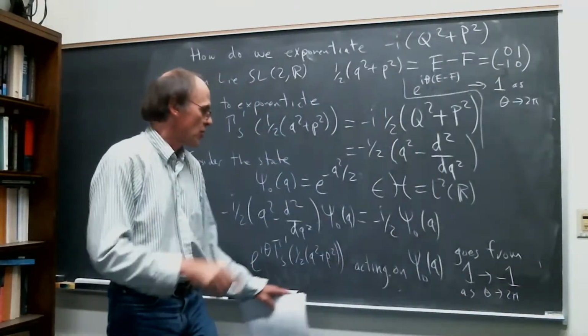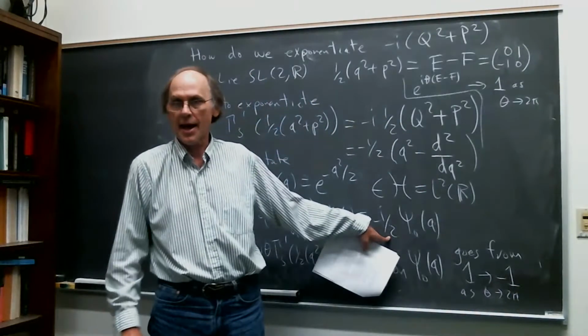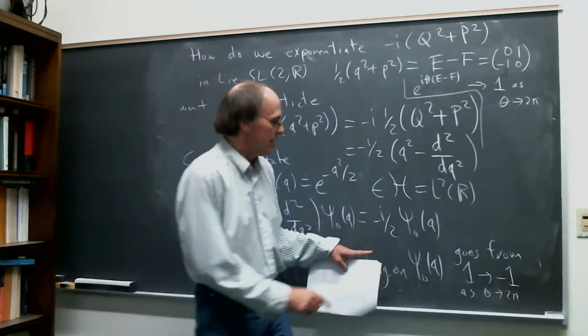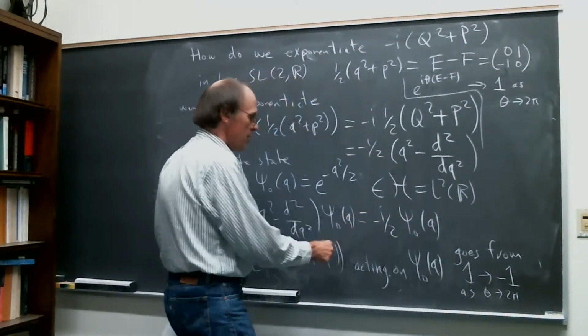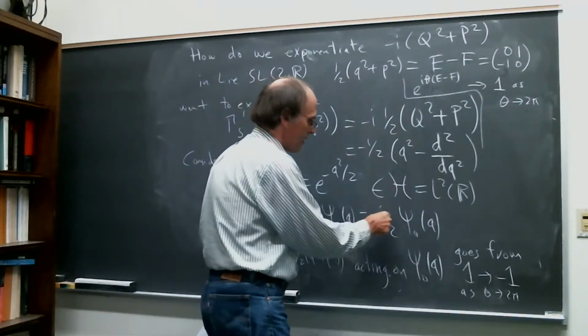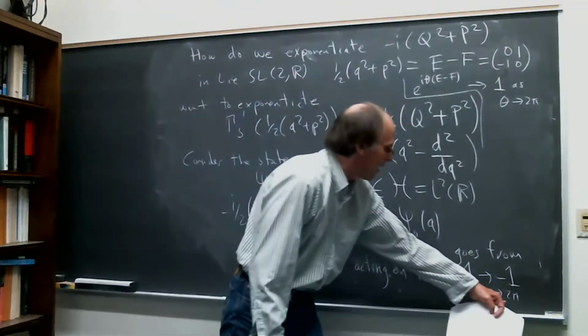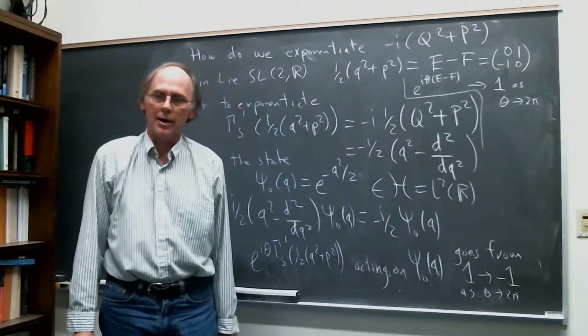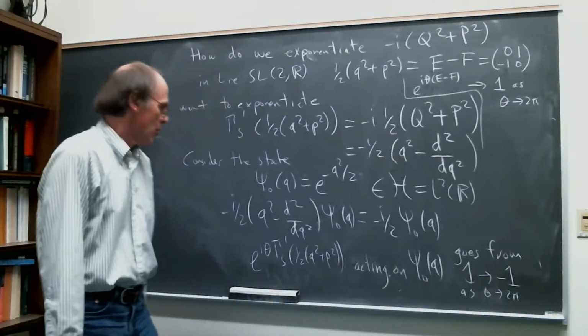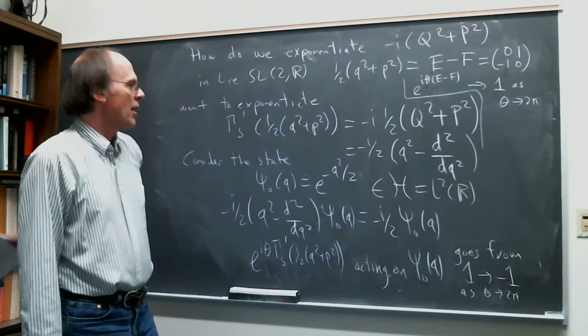So if you go around the circle once here, the fact that there is this half here means that you're going to end up with an e to the i pi, or a minus 1, not e to the i 2 pi. So sorry, I think I've got this right.